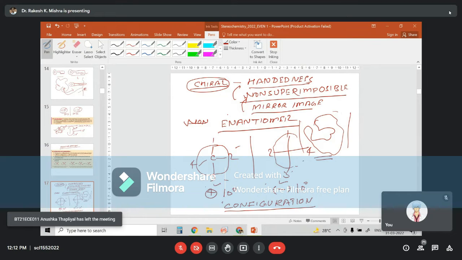You have already studied conformational isomers, where you take a bond and just rotate it. Yesterday I talked about butane; you have studied ethane. There are lots of intermediate forms, and two extreme positions. If you rotate in this way, this is the eclipsed one, and if you rotate this one bond, you can have the other one, the staggered form.